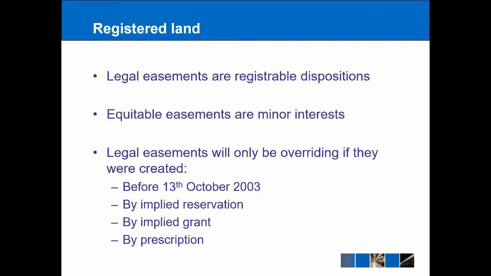Now, legal easements will only be overriding, in other words, they will only be binding on purchasers if they were either created before the 13th of October 2003, they were created by implied reservation, by implied grant, or by prescription. And again, that might not mean much to you now, but we'll go through each of the 3 of those in turn.